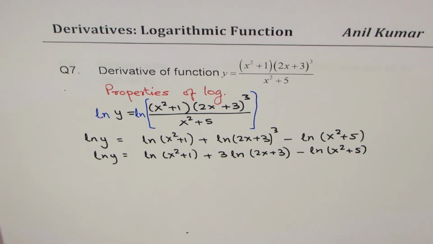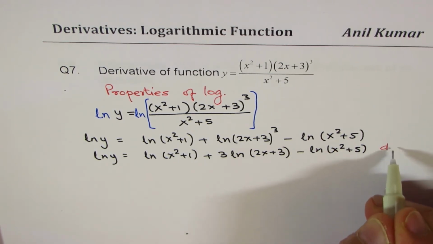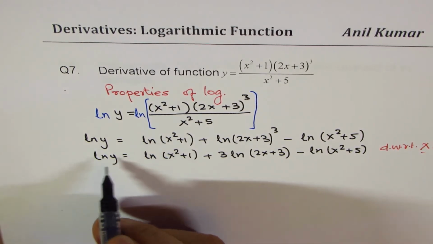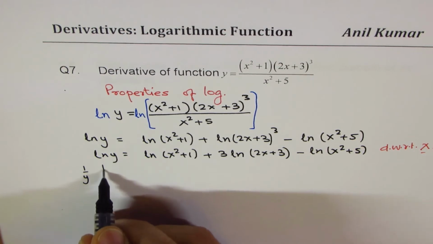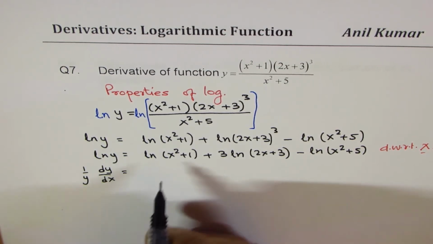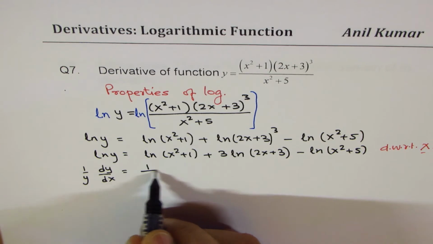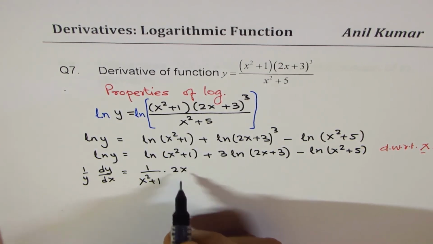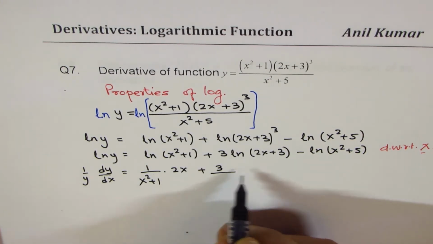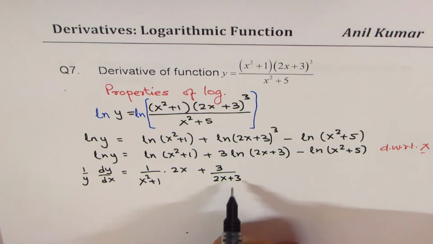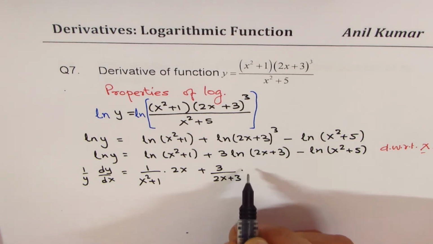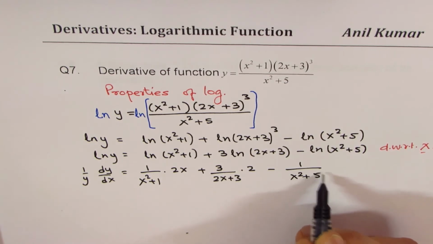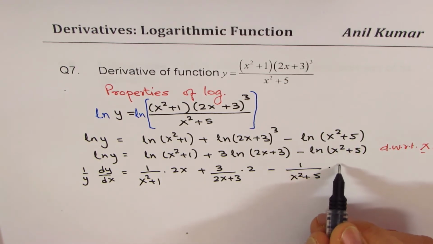So by simply using the rules of logarithms, we could actually simplify the rational function, write it as sum and difference. Now, if I do the derivative on both sides with respect to x, what do I get? So on the left side, I get 1 over y times dy/dx. Here, the derivative of the ln function is 1 over the function itself times the derivative, which is 2x, plus here we get 3 over (2x plus 3) times the derivative of this, which is 2, minus 1 over (x squared plus 5) times the derivative of x squared plus 5, which is 2x.